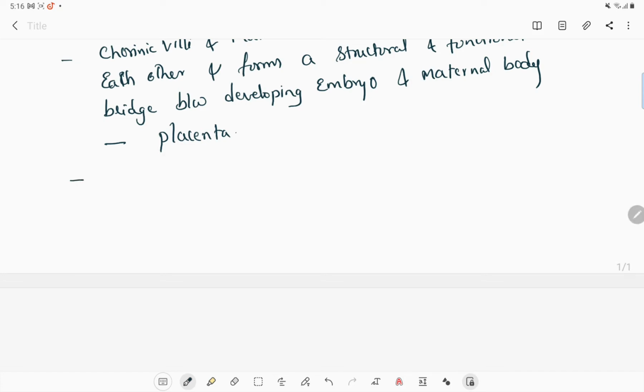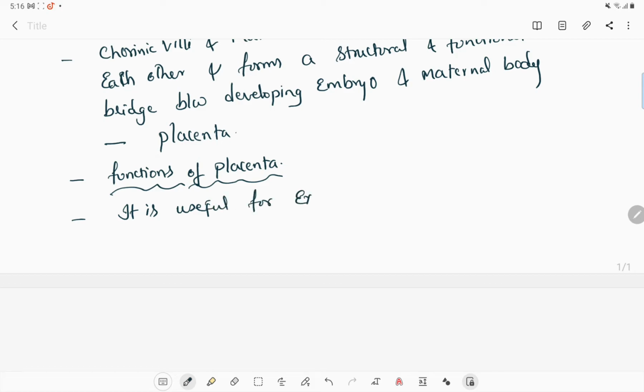So what are the functions of the placenta? The placenta is useful for exchange of substances between mother and fetus.